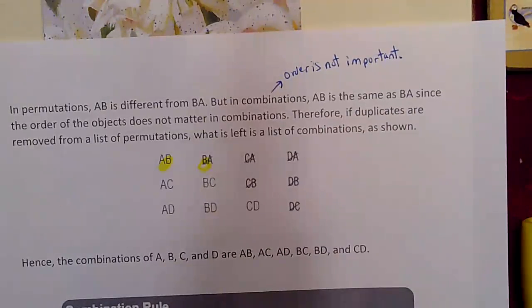Since the order of the objects does not matter in combinations, if duplicates are removed from a list of permutations, what is left is the list of combinations.